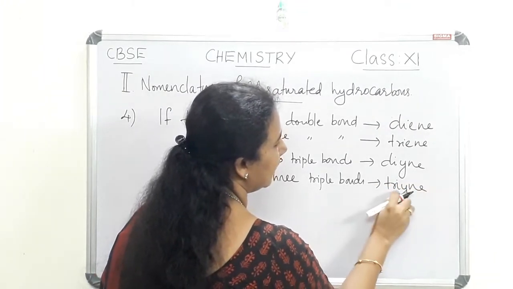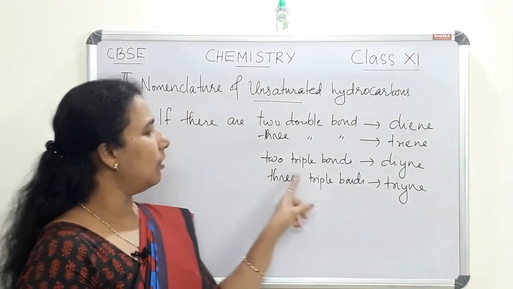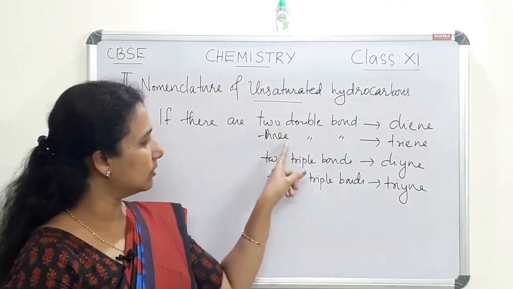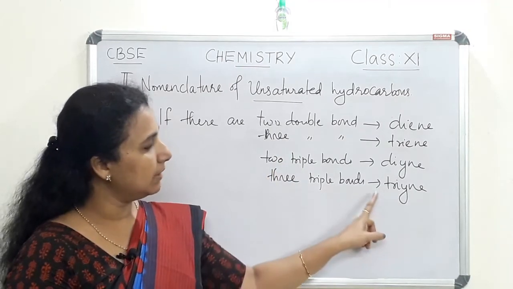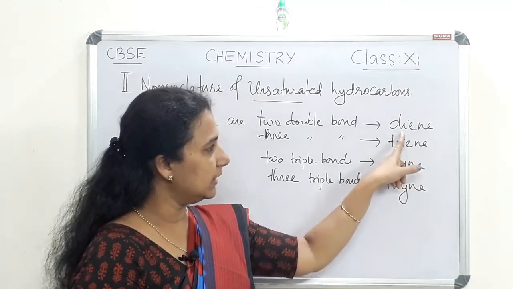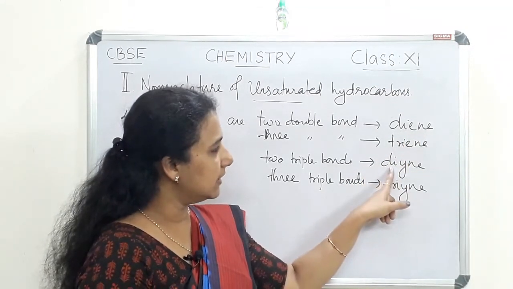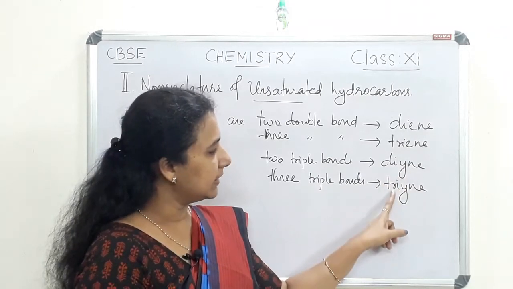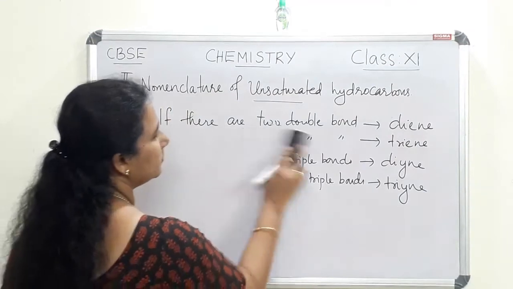That is triyne. So if there are two double bonds or two triple bonds or three double bonds or three triple bonds, the name ends like this: diene, triene. So let us take one example.